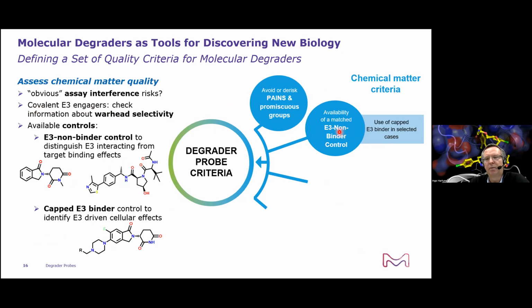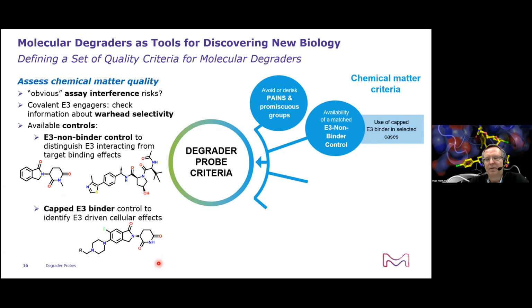For a degrader probe for an E3 engaging compound, it's important to look at the non-E3 binding controls. This can be modulation, or let's say methylation of a cereblon binder, inversion of the VHL binder. So essentially a related compound which is not engaging the E3 to differentiate what is happening beyond, for example, degradation.